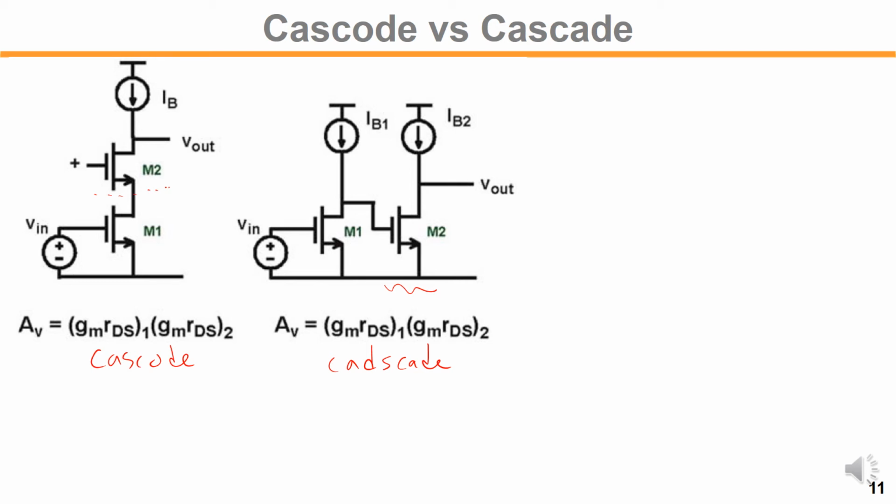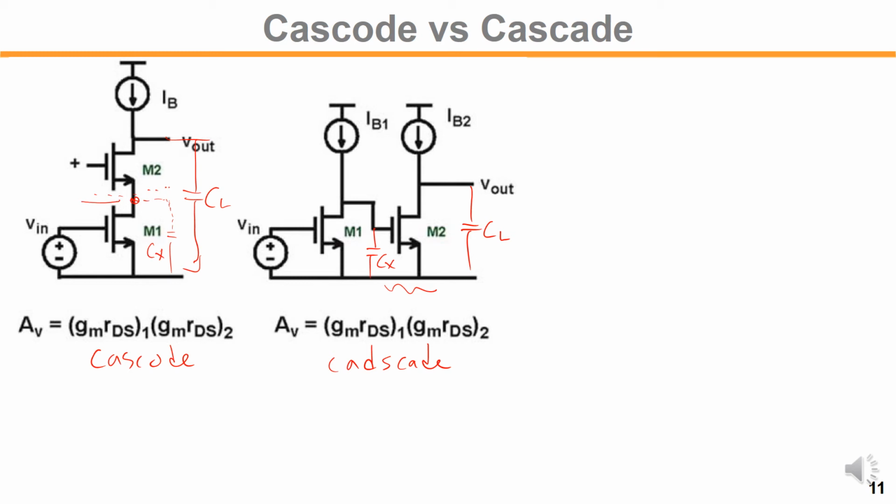For example, if you have a load capacitor CL there and there, what would happen? So let's look at all the parasitics. Here's a small parasitic, let's say CX there, and here's CX there, parasitic capacitance.